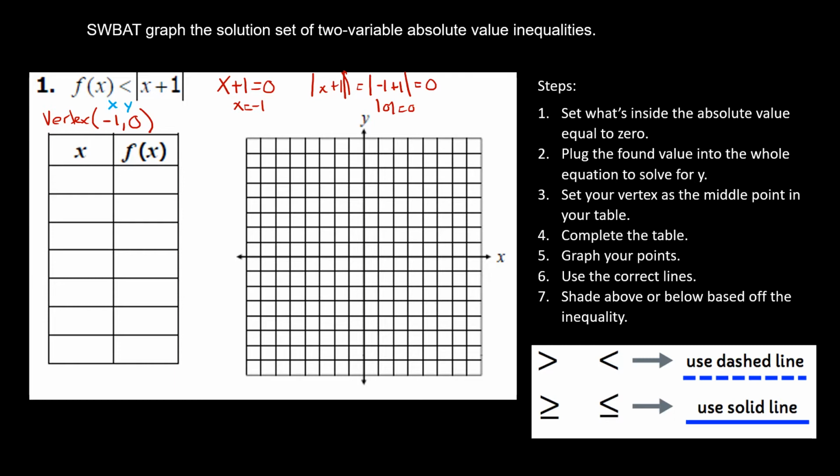So we did step 1 when we solved for the x. We did step 2 when we solved for the y. And then we're going to set the vertex in the middle point of my table. Remember, we like to do that because that makes graphing easier. Here's where we're going to put my vertex at -1, 0. And then we complete the table.